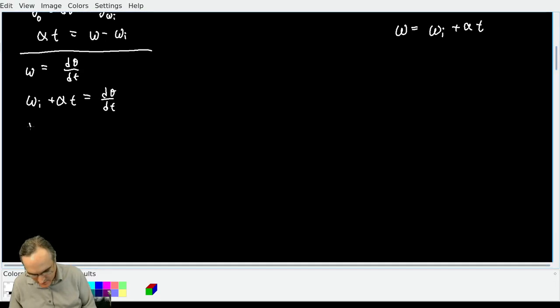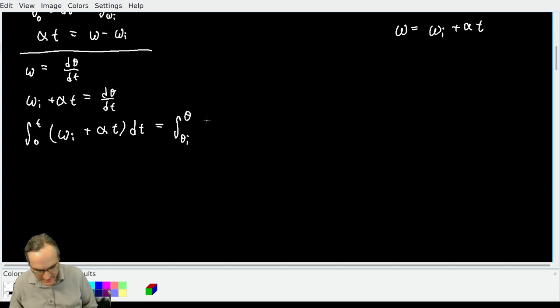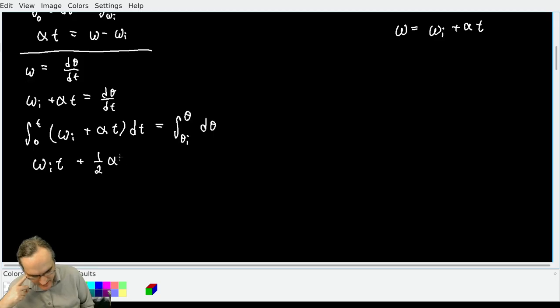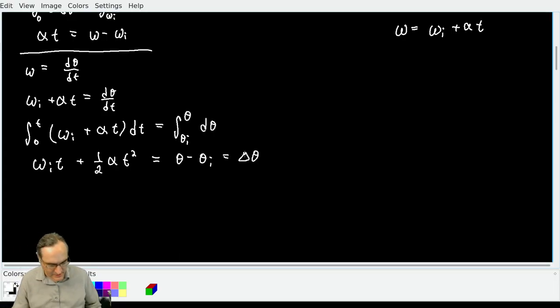All right, integral from 0 to t of omega initial plus alpha t dt equal to integral from theta initial to wherever we end up of d theta. That's going to look like omega initial times t plus 1/2 alpha t squared equals, and this is just theta minus theta initial, which is our delta theta, our change in position.